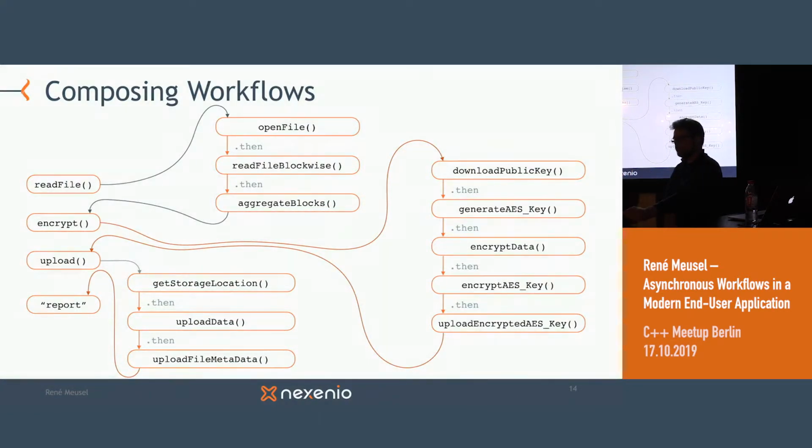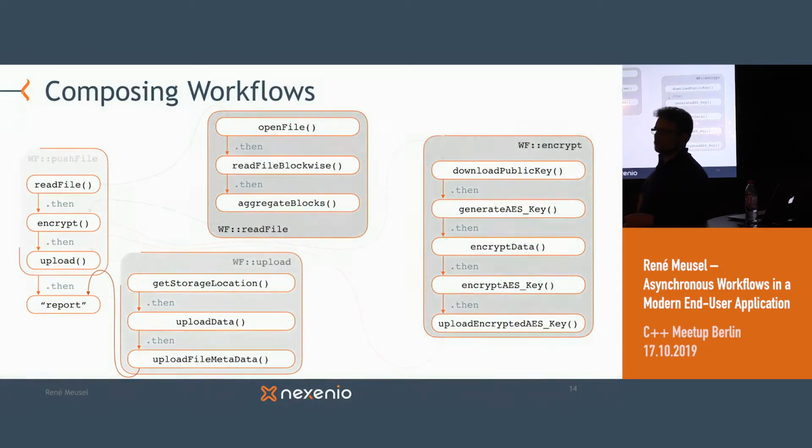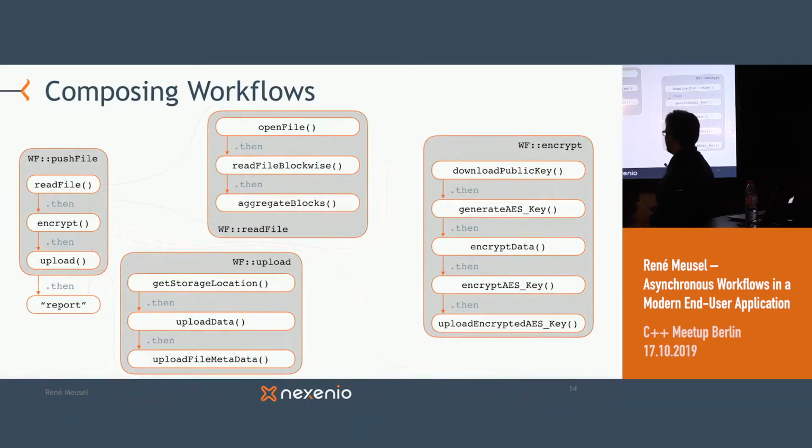This frees us from the get we would otherwise need to make in the GUI thread. And I think you see where I'm getting here. Those are actually all individual workflows, so we can implement those independently. We can test those, or in the best case want to test them independently. They might even reside in different code units or libraries.